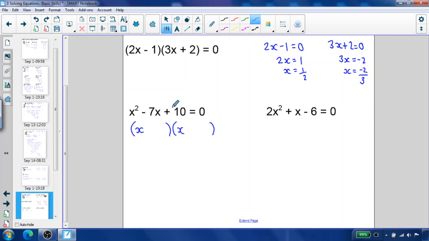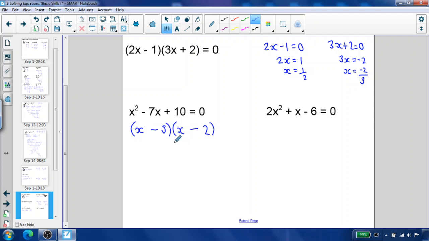And then I need to think about the factors of 10, which will make minus 7x. Well, 5 and 2 will work quite nicely, so I'm going to put a 5 here and a 2 here. This needs to be negative, and this needs to be positive. So in order to get a minus 7x, they both need to be minus.